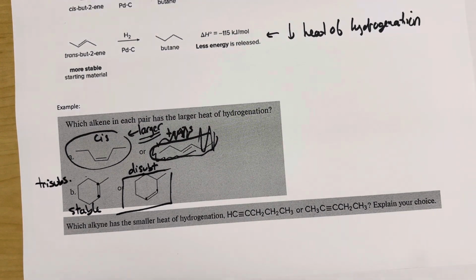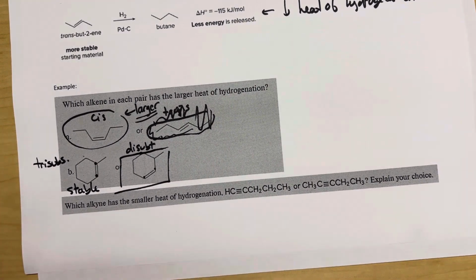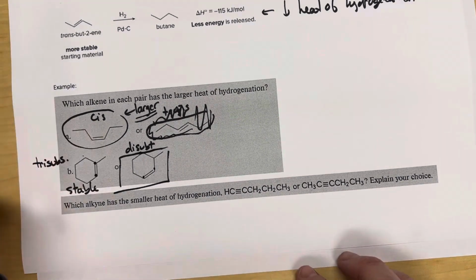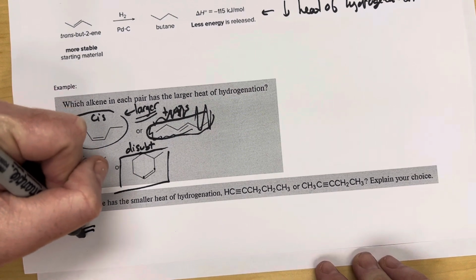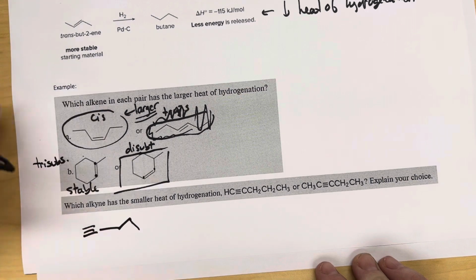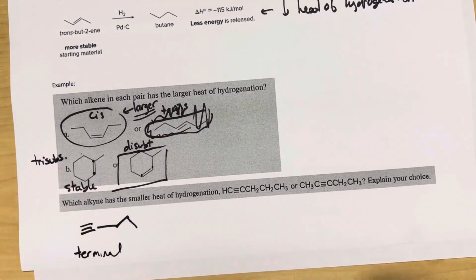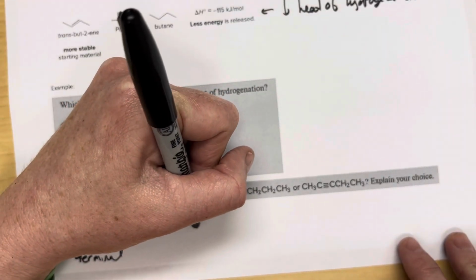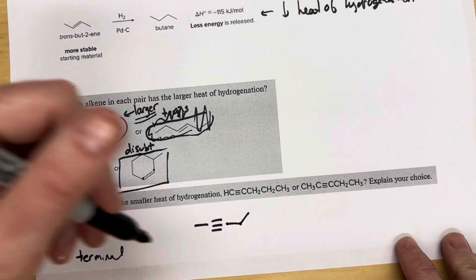Okay, now it says which has a smaller heat of hydrogenation. Oh, they're really killing me here. So in this case, we have a terminal alkyne, and we have the internal alkyne.